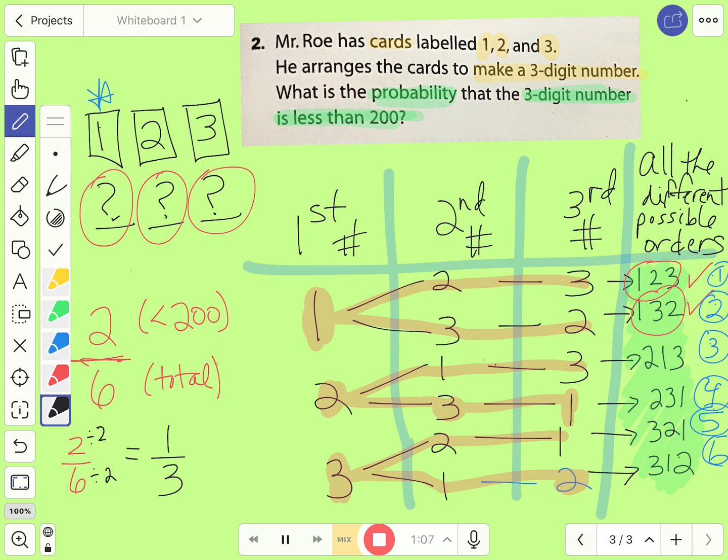So the probability that the 3-digit number is less than 200 is 1 out of 3. I'm not going to take the time to write that final statement, but you would write a final statement. The probability that the 3-digit number is less than 200 is 1 out of 3.